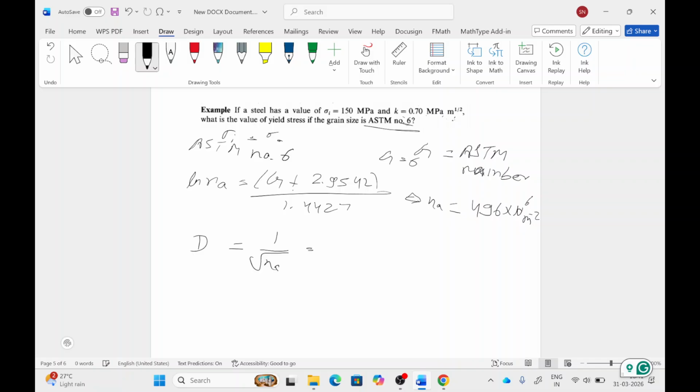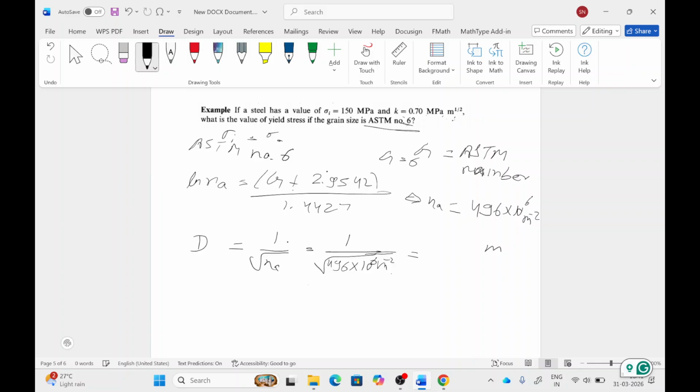And if we take the square root of this, it is per meter square, so it will be 1 by meter. So when it comes from the square root, it will go in meter.